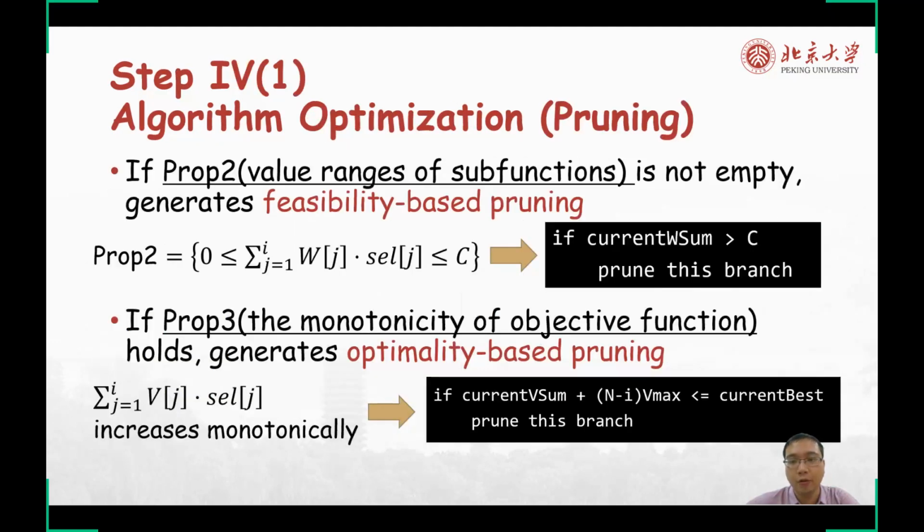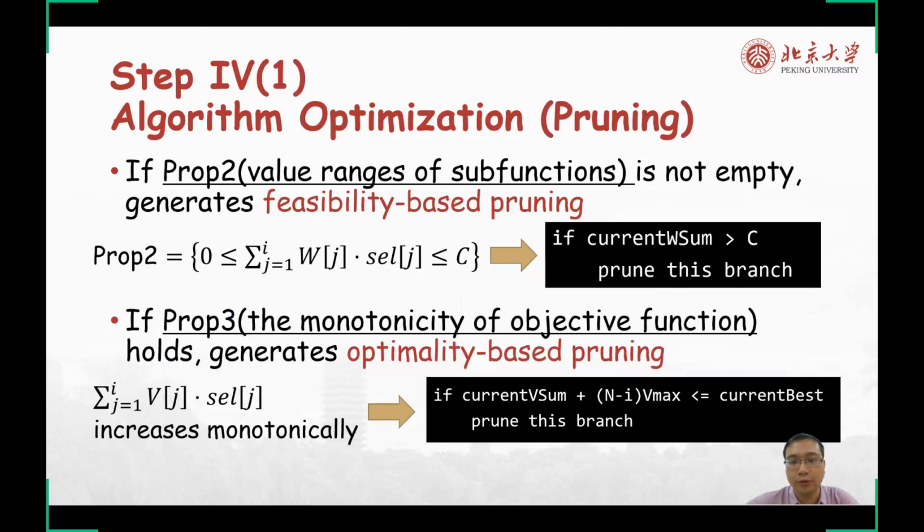In step 4, SoGen optimizes the basic algorithm based on Prop 2 to 4. SoGen is capable of applying two types of optimizations, branch pruning and dynamic programming. There are two types of pruning, feasibility-based and optimality-based pruning.